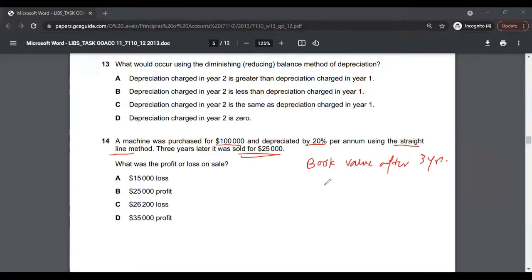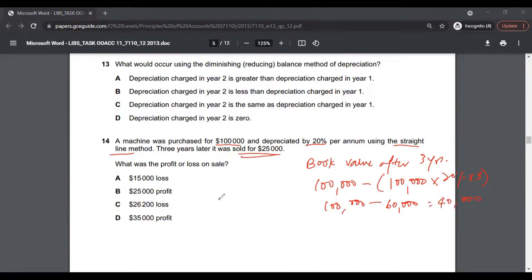After 3 years, that would be 100,000 minus the accumulated depreciation. That's 100,000 times 20% times 3. 100,000 times 20% is 20,000, and 20,000 times 3 is 60,000. So my net book value at the end of year 3 would be 40,000.